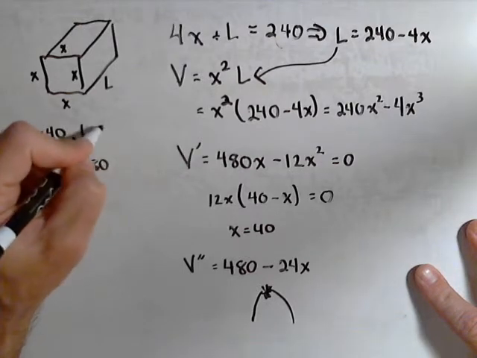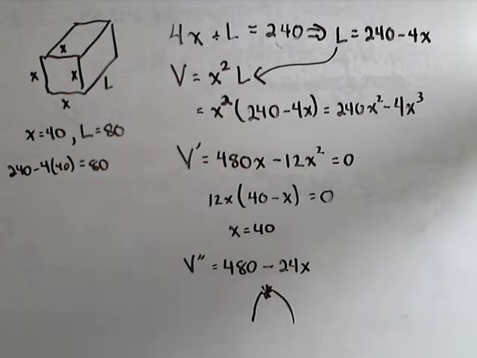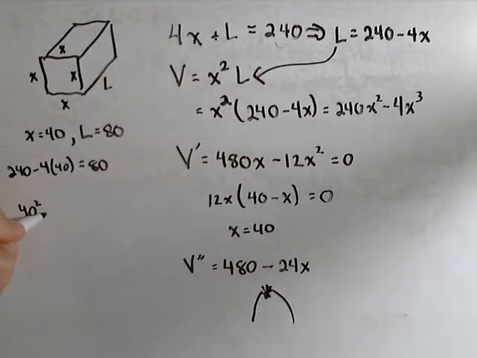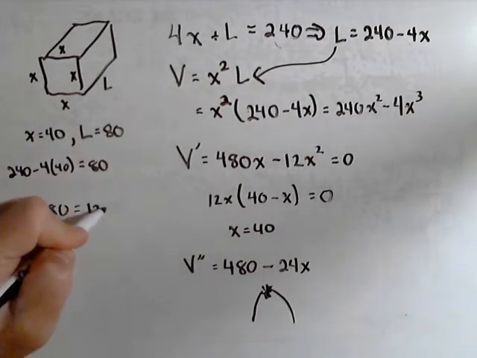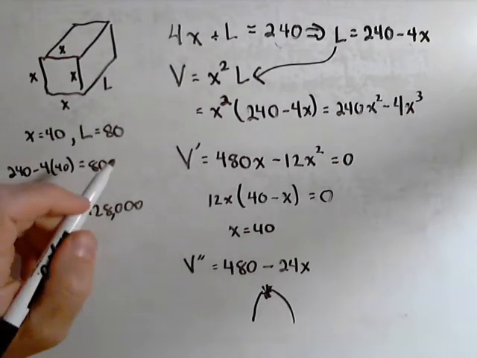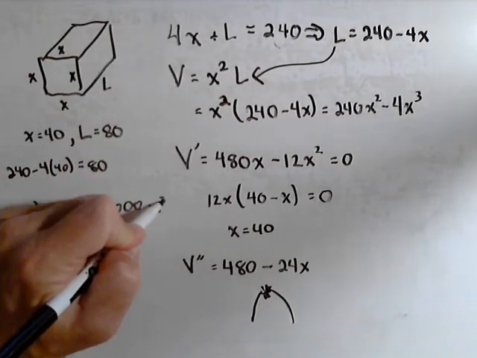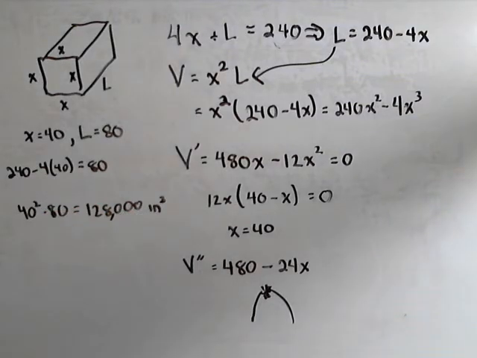So there's our L. And so our maximum volume is 40 squared times 80, which is 128,000, and our units were inches, so this is going to be cubic inches. And so that's how we can maximize.